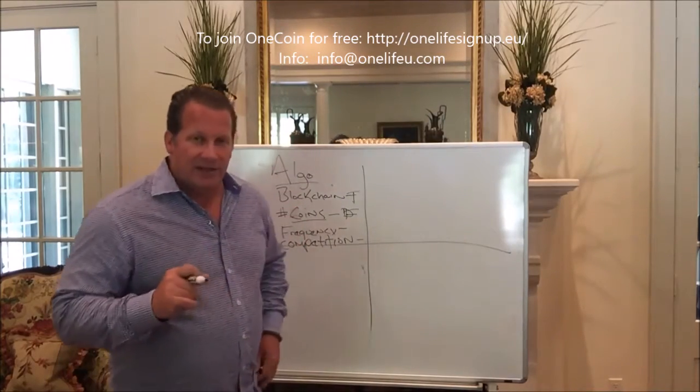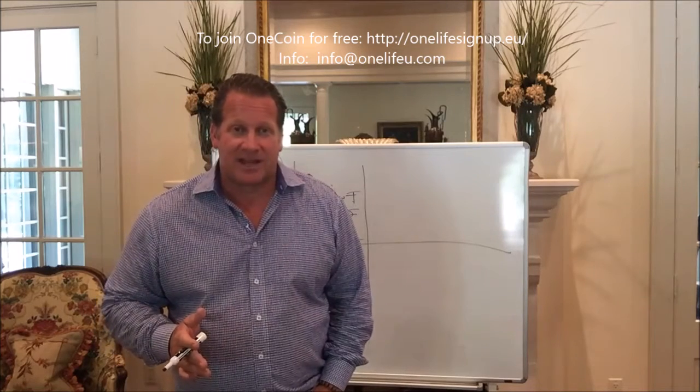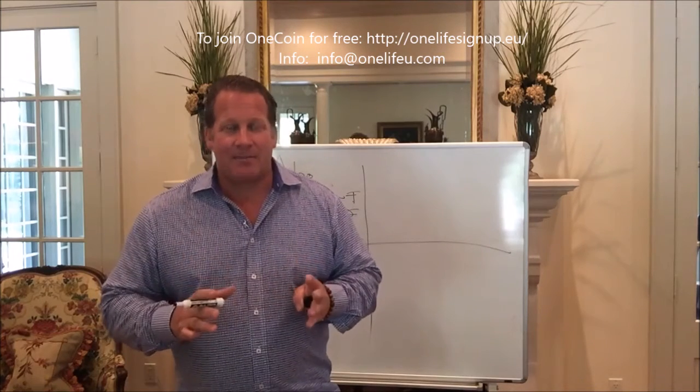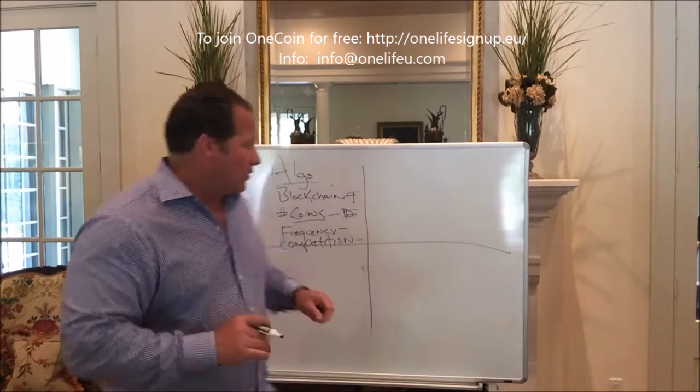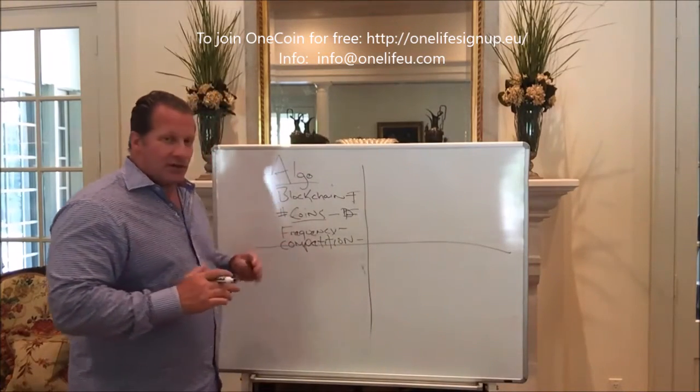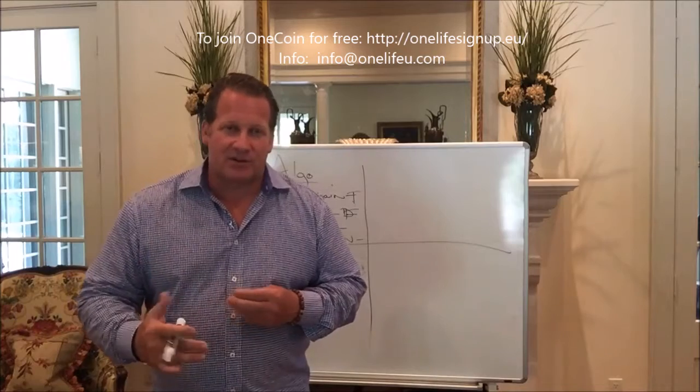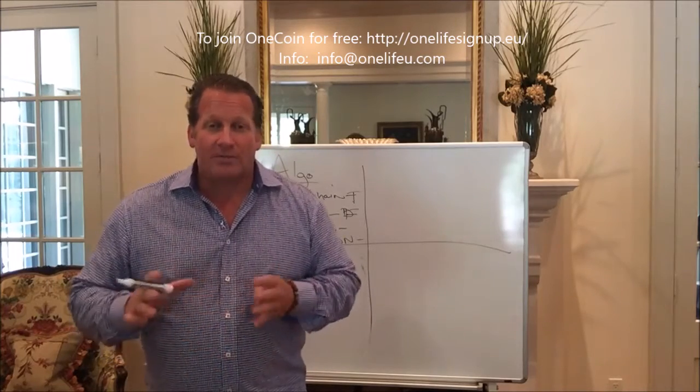I want to give you a real good analogy before I get off this topic. We all know that Florida's got lots of beachfront real estate, but it only has so much beachfront real estate. Every beachfront real estate lot has a deed number or a plot number, and that number is where the value is. It's a serial number. So when you produce your coins, you're going to produce X amount of serial numbers, just like they have in Florida with beachfront real estate.